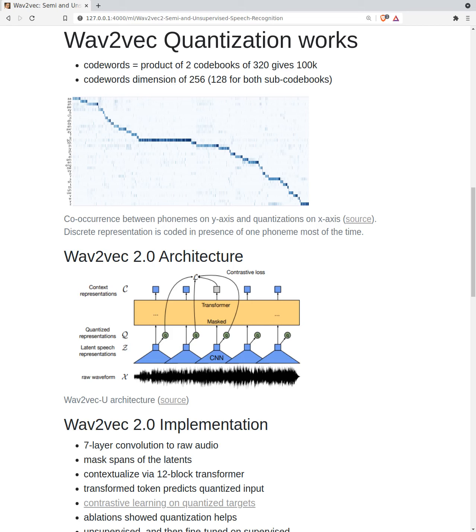So if we look here, on the y-axis we have the phonemes, on the x-axis we have a probability distribution over the codewords. And you can see that each codeword mostly seems to be specialized in a single phoneme. Of course, there are some other occurrences here and here and here, but most of the weight seems to be on this line over here, right?